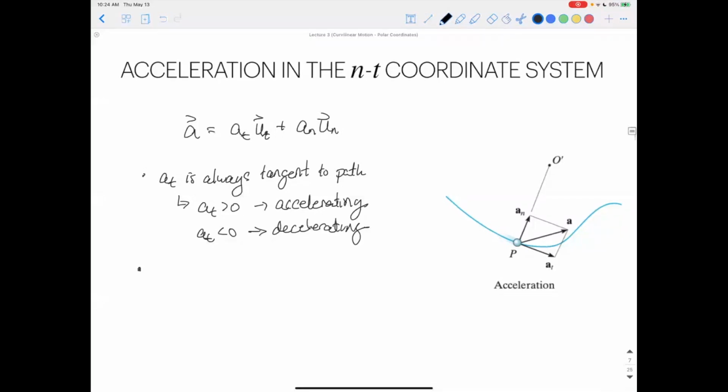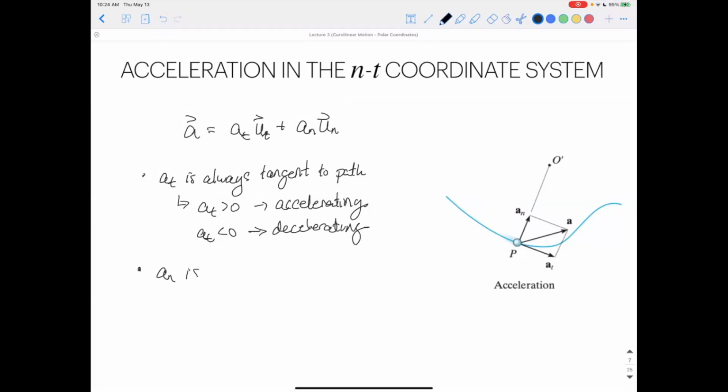The normal component, AN, is always pointing towards the center of curvature. It's pointing in the same direction as UN. We call this the centripetal component or the normal component, and it acts towards the center of curvature.